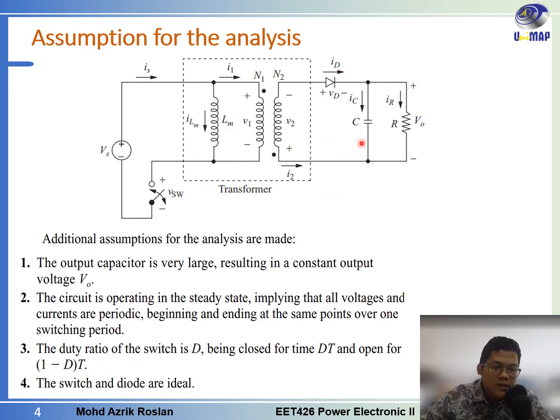Okay, and then the last assumption is that the switch and the diode are assumed ideal, so we will not consider any resistance when the switch is turned on, or when the switch and the diode are on, we don't consider the forward resistance at this point.